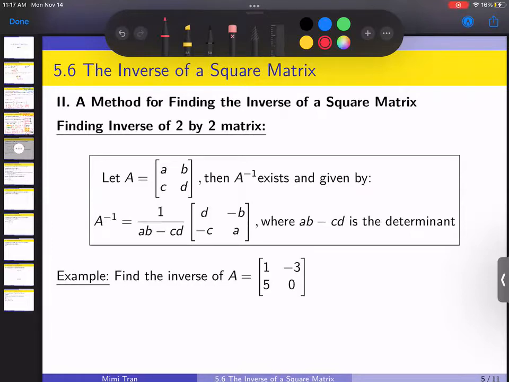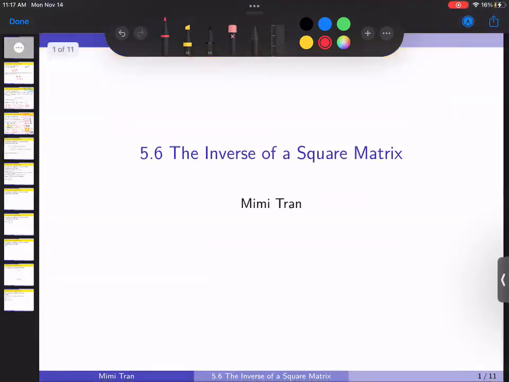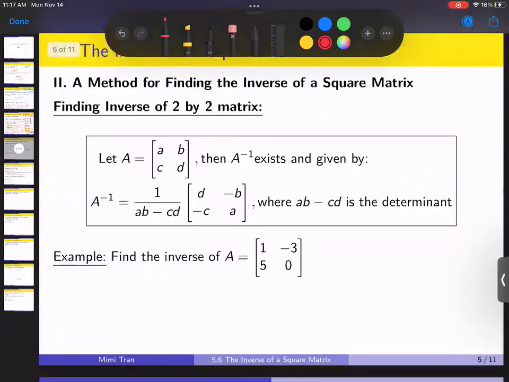It's easier. So given matrix A, which is a square matrix with entries A, B, C, D, if I want to find A inverse, it's going to be equal to 1 over A times D minus B times C, and then times the new matrix.